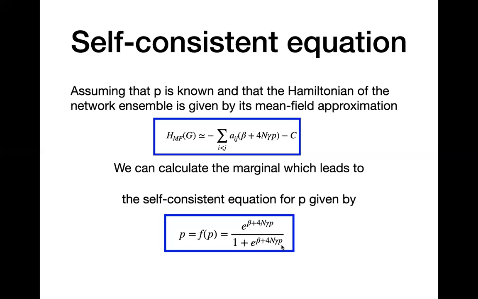Okay, so this is different from what we were observing in the random graph, because in the random graph we didn't have this n gamma p, so gamma is equal to 0 in the random graph, okay? So now we have a marginal which is expressed in terms of the Lagrangian multipliers and the marginal itself, okay?